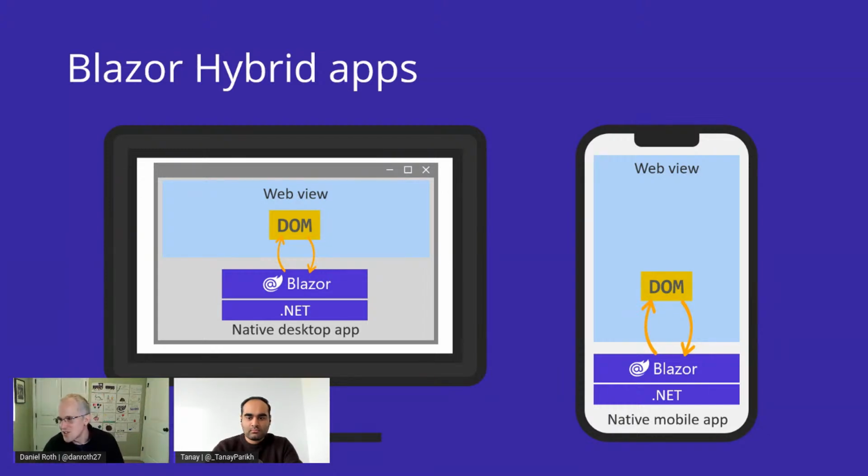I saw there was a question in here about, like, can I do Bluetooth LE communication in my Android app from Blazor? Yes, you can do that, because .NET MAUI provides .NET APIs and abstractions over a whole variety of native platform features.